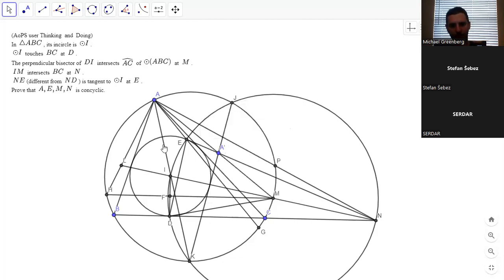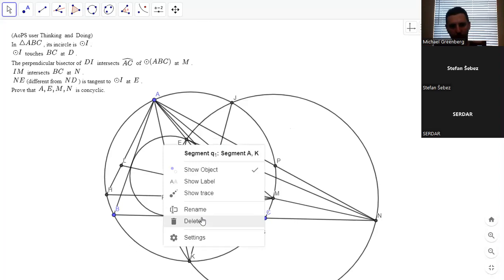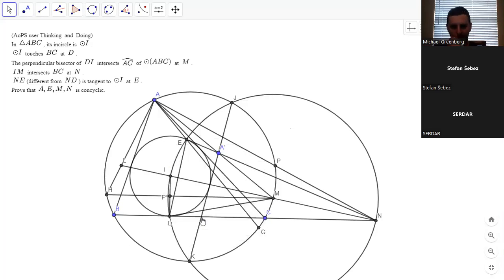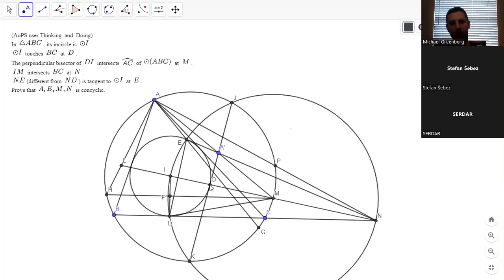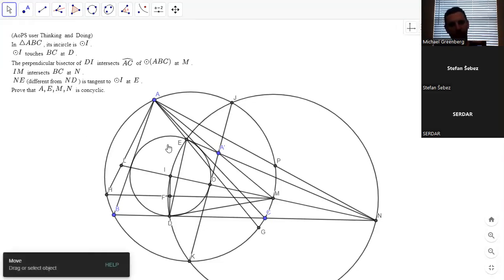Oh, I know how to prove that JK is tangent. Oh, yeah? It is actually not anything specific to point M. That would be true for any point on the circumcircle. Okay. That is, we would use Poncelet's porism, I think it is called.